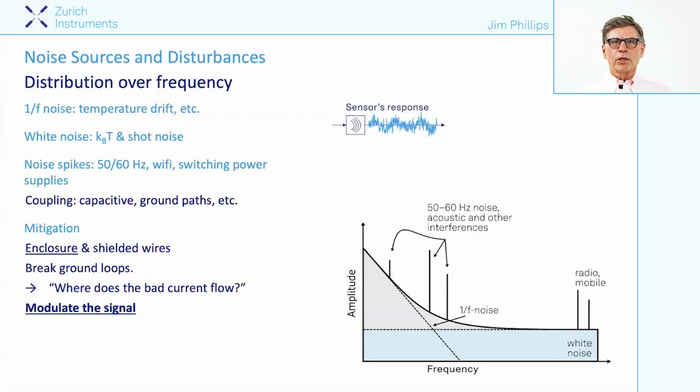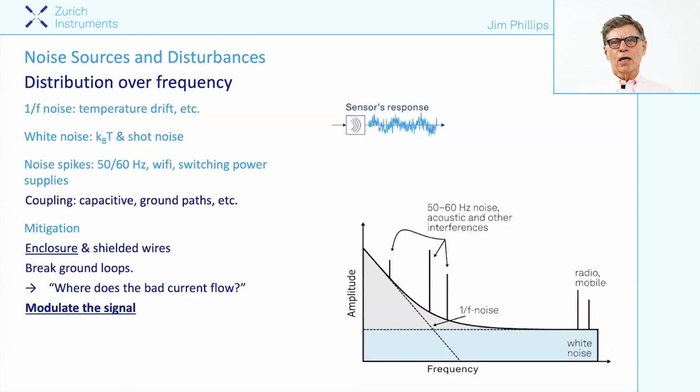So the very first thing we do with almost any sensor project is we shield. We put the sensor and the thing it's sensing in a conducting box, and that may or may not be convenient, but it is usually needed. We use shielded cables or coaxial cables.